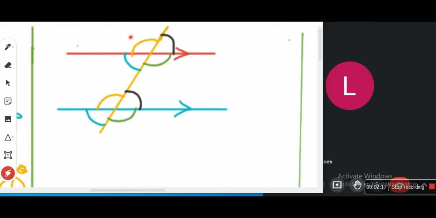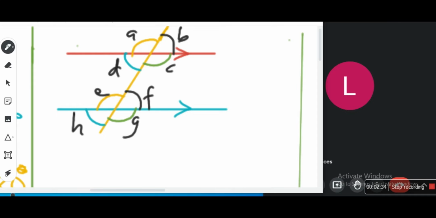So whichever side we pick for the top, we can pick the same top side for the bottom. Left hand top for the red one. This one is also left hand top for the blue one. So if they have values like A, B, C, D, E, F, G, H, these two lines, the blue and the red, are parallel lines. So we can identify the angles that are equal.